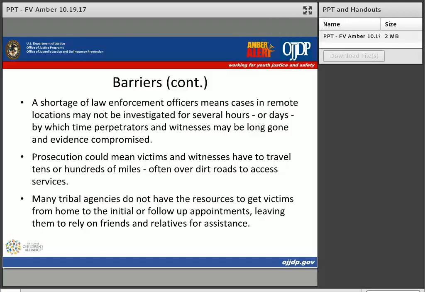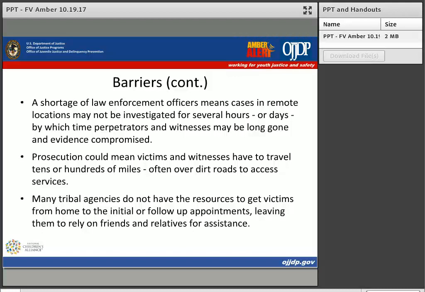The great distances that victims and witnesses often have to travel. I am in Albuquerque today to go to a sentencing for an individual that committed a horrendous crime against a young Navajo child. And family members are driving half a day or more to get to that court appearance.